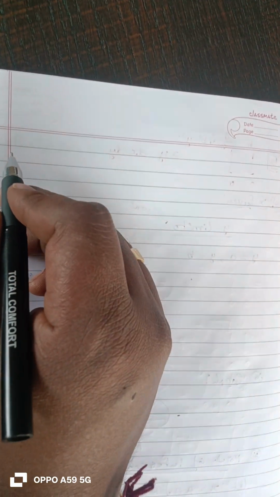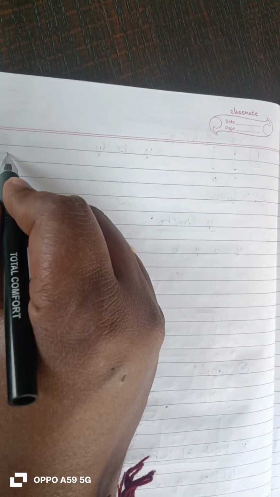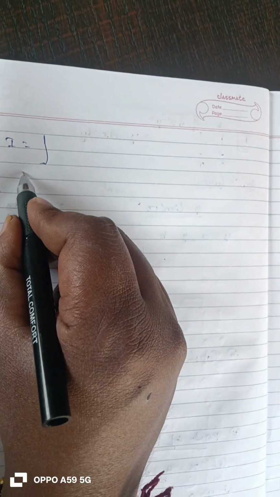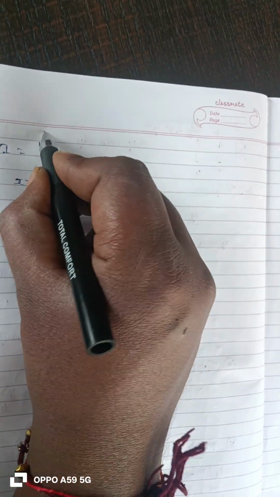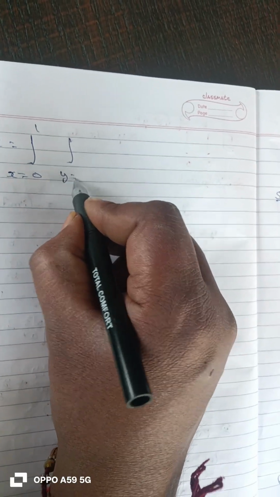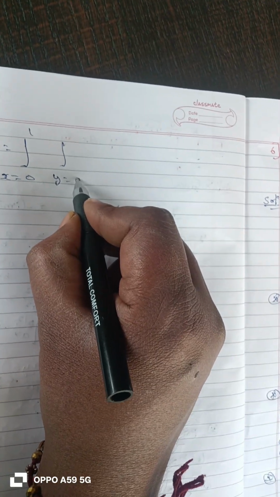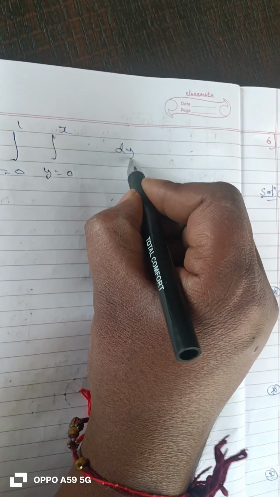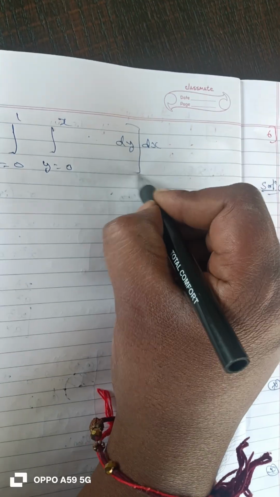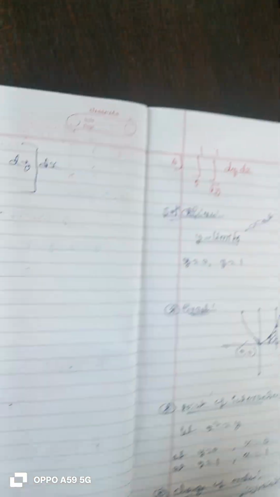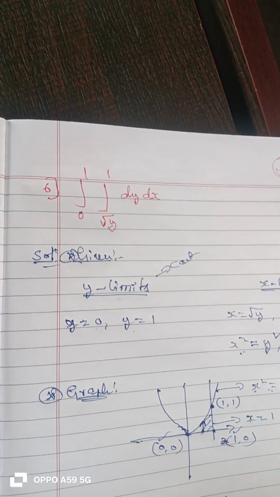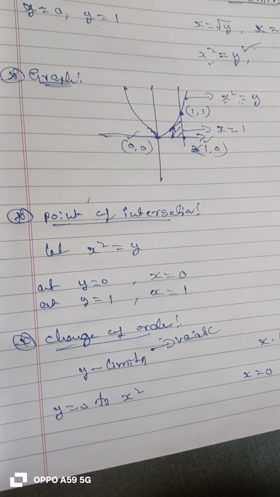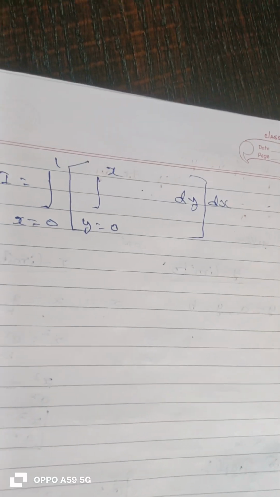Therefore the constant limit is x varying from 0 to 1, and y is varying from 0 to x square, dy dx. So this is the problem they have been given. After doing the change of order, we got the limits in this manner.